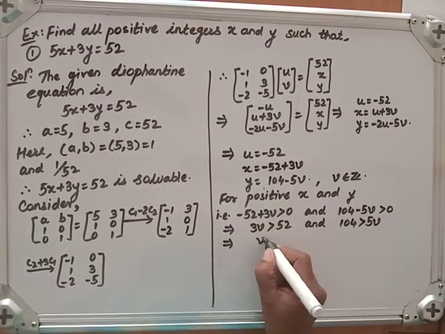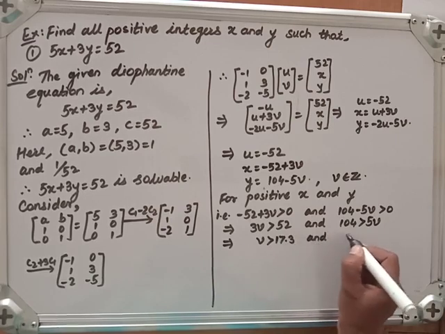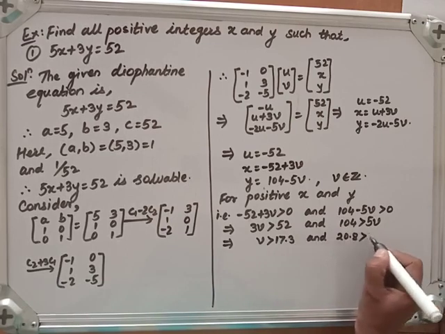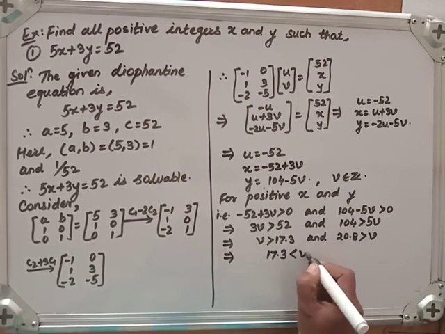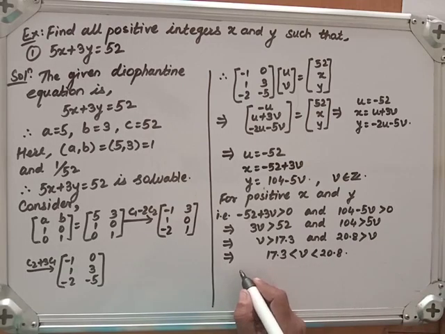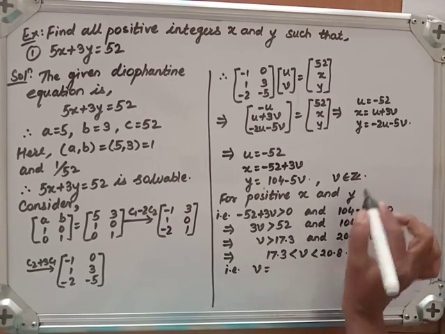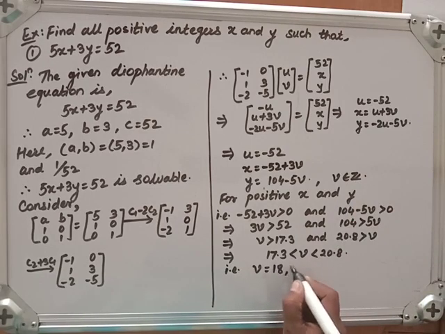That is v is greater than 17.3 and 20.8 is greater than v, that is 17.3 less than v less than 20.8. Therefore v is an integer in between these: 18, 19 and 20. These are the three integer values for v.